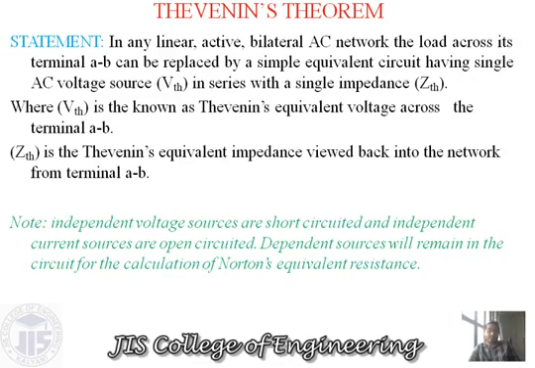So the statement is like the previous one. It means for any linear active bilateral AC network, the load across its terminal AB can be replaced by a simple equivalent circuit having a single AC source voltage VTH in series with a single impedance, that is called ZTH, where VTH is known as the Thevenin voltage or the open circuit voltage, whatever we have considered for DC network theorem, the same, and the ZTH is called the Thevenin equivalent impedance, which we have to view from the load side obviously, or the terminal where we are going to apply this Thevenin's theorem.